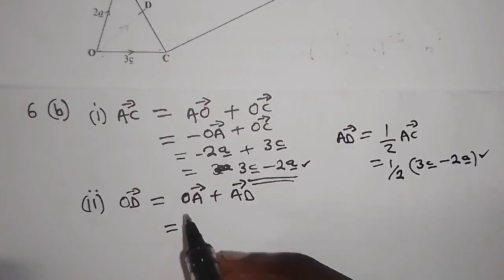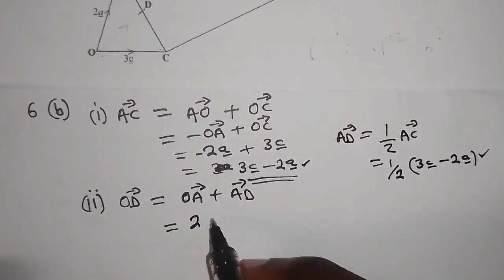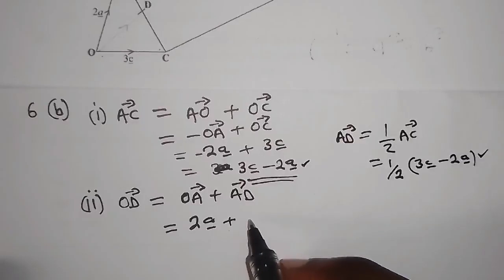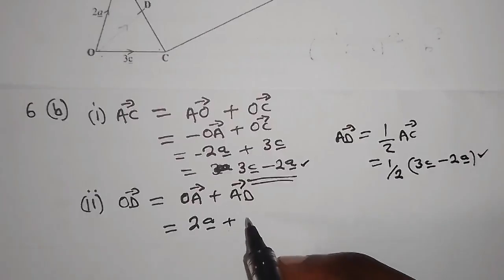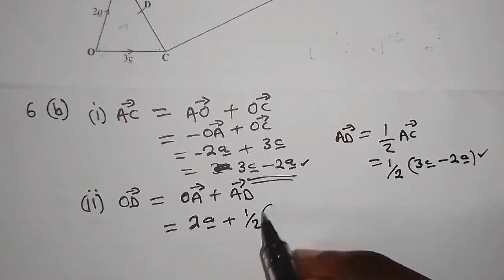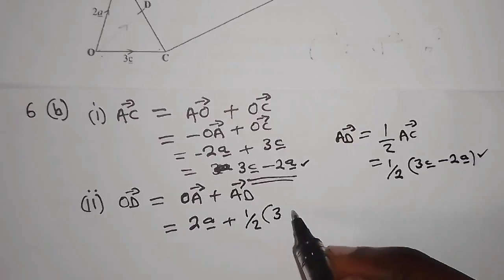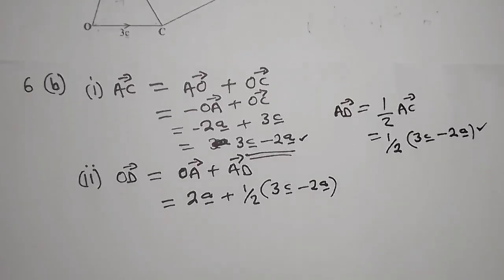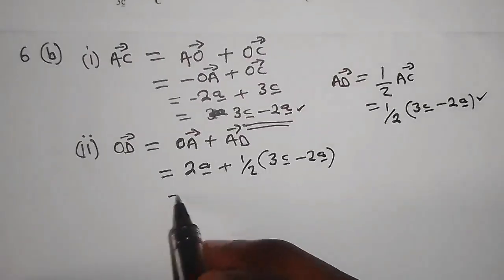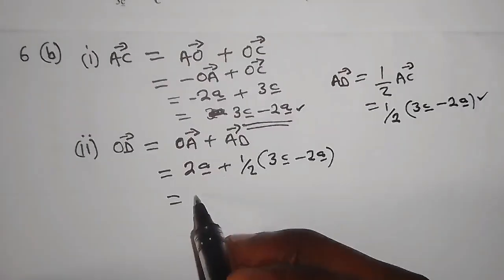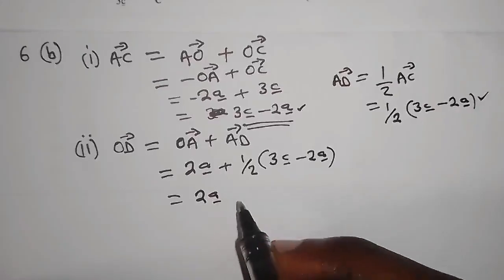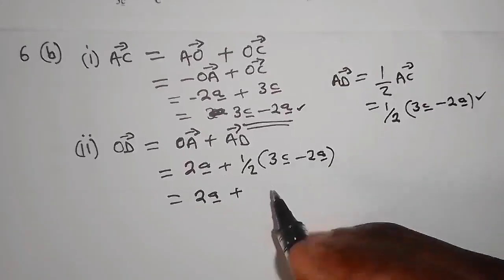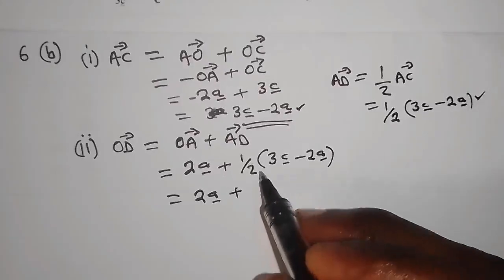So then our OD is 2 vector A plus half, open the bracket, 3C minus 2A. From there we can simplify.